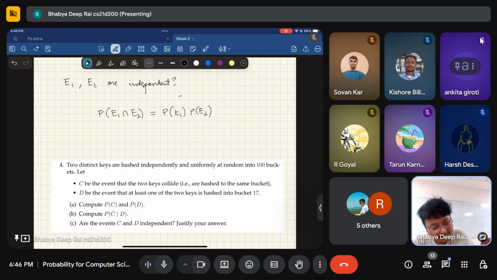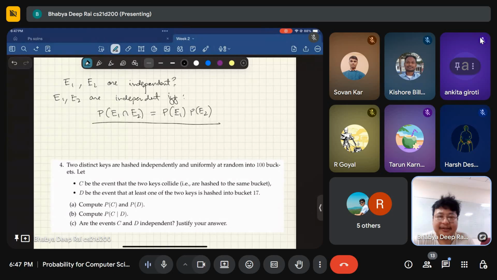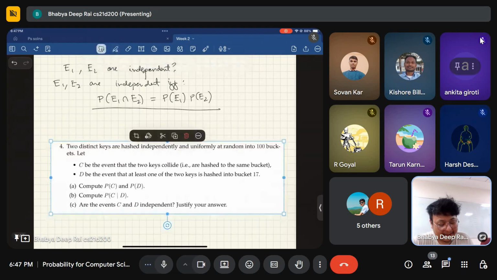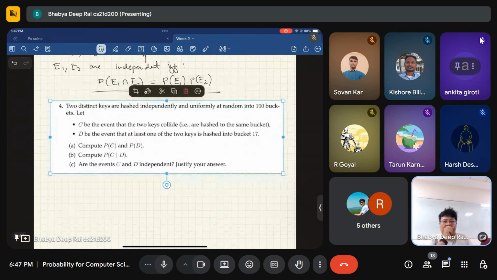When we learned probability in high school, we said E1 and E2 are independent if this holds, but it's also an if and only if. So it means the other way around also. This is both necessary and sufficient. So if you want to check if they are independent, it is enough to check this particular fact, not just one way.